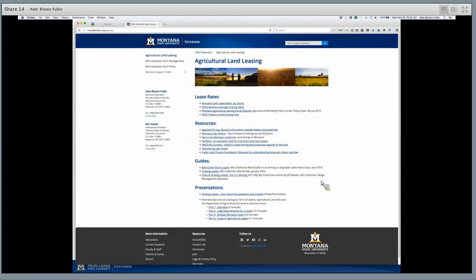So here's what it looks like when you sign on. We've got lease rates, which is what I'm going to go over first. They're right up top here. Resources to other websites as well, and I'll go through what exactly some of these are in a moment.